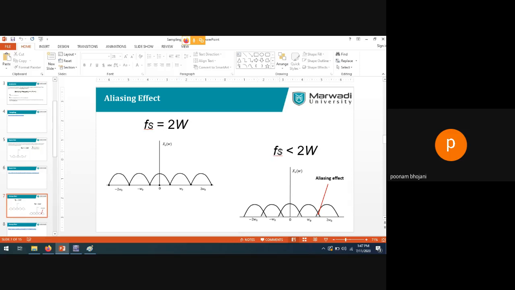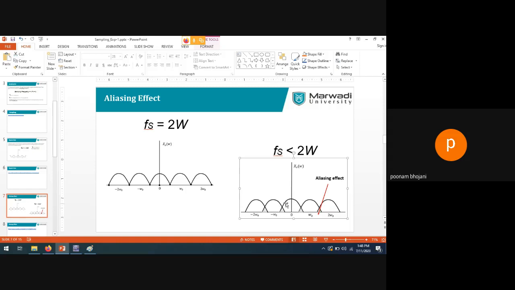But if you keep your sampling frequency less than 2W, then what will happen? Your sampled signals in the frequency domain will overlap with each other. And this overlap area, this effect is known as aliasing effect.